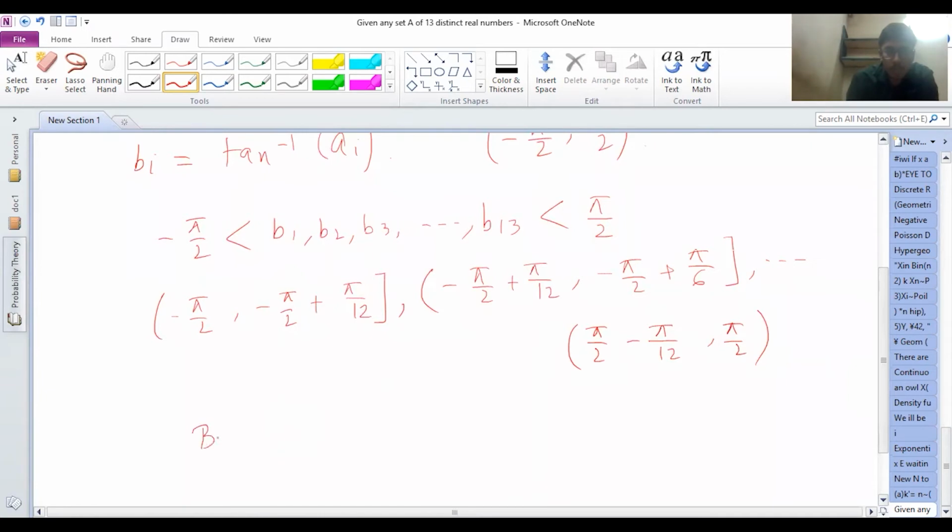So by the pigeonhole principle, there exist bi and bj that belong to the same interval.